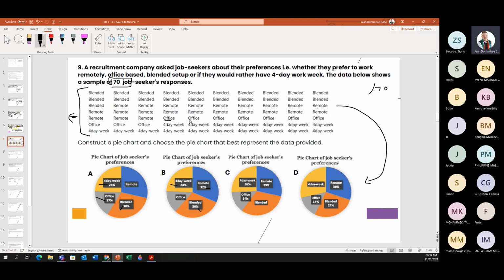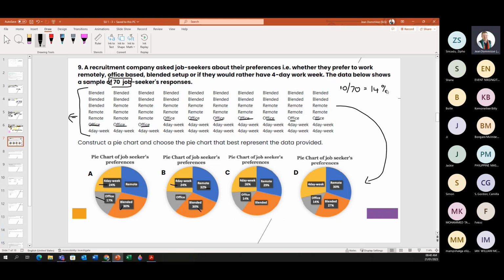So there's 1, 2, 3, 4, 5, 6, 7, 8, 9, 10. So 10 of your 70 is office. So let's get that as a percentage. 10 out of 70, so it is 14%.